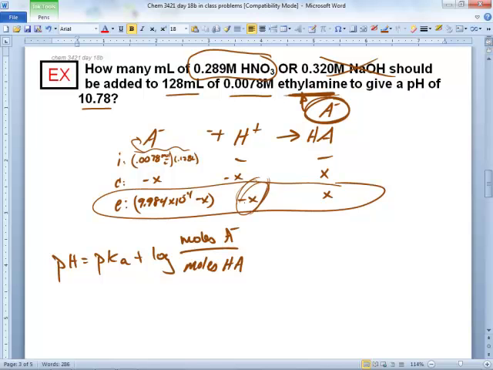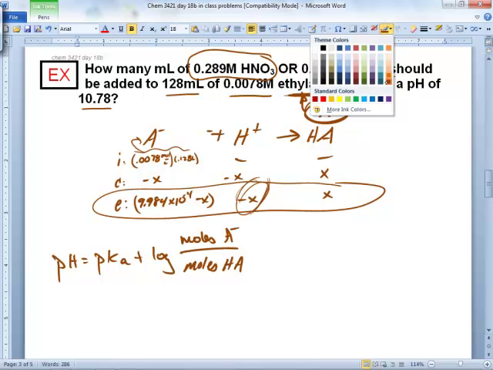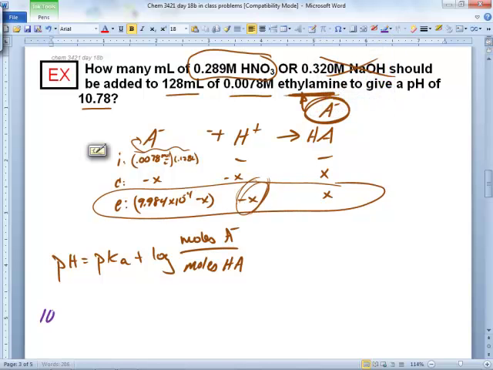But the pH, everybody has to be 10.78. See, we're getting somewhere here. 10.78. And Jamaica, you told me, I forgot already. What's the pKa for that thing? 10.673. So that's the pKa for my ethylamine buffer, plus the log.